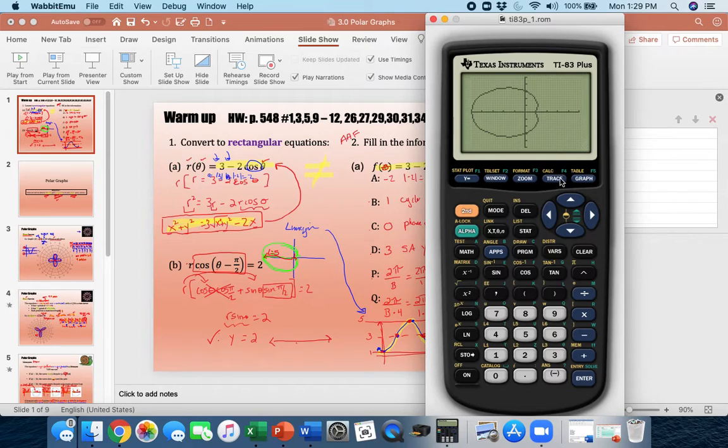Hit graph again and trace. So look at the indent. How far from the pole are you? A radius of 1, but you don't hit the pole. Now as I rotate around, it's negative cosine, so I'm oriented in the x direction, but to the left. And how far is that? From the pole, rotating, this length is 5, a radius of 5. Crazy.